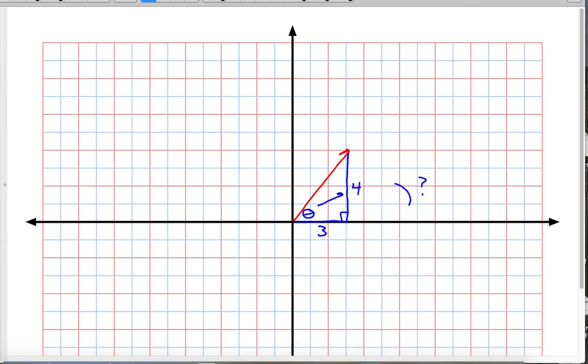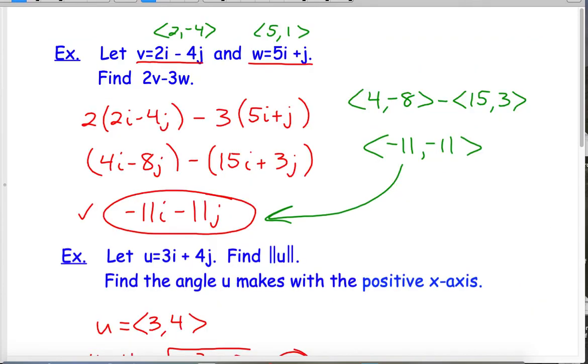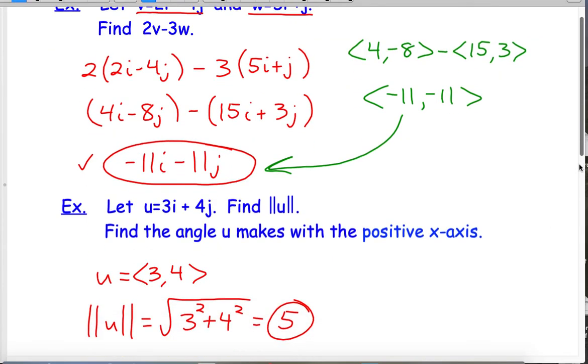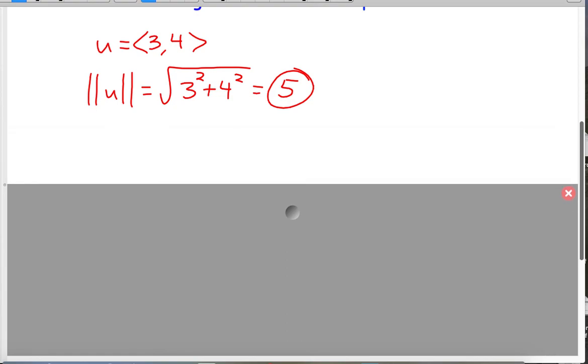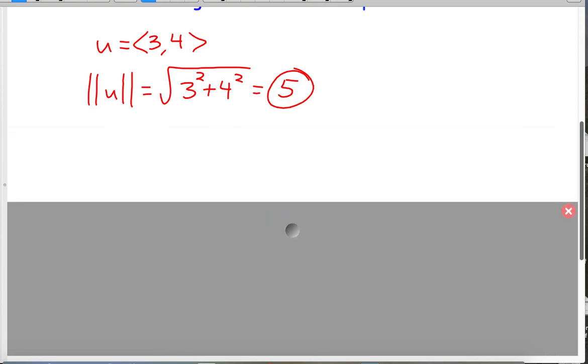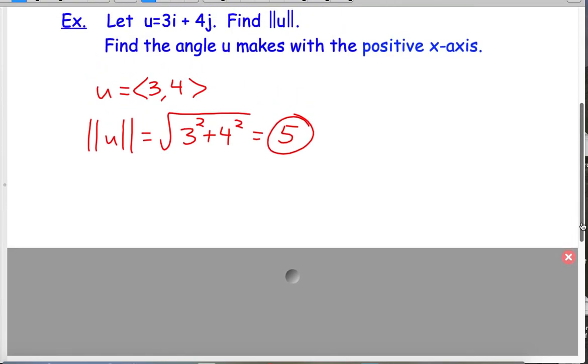That would be the opposite and the adjacent. That's tangent. So I know that the tangent of theta should equal opposite over adjacent, 4/3. So going back here, theta, the angle it makes with the x-axis, is going to be the inverse tangent of 4/3.